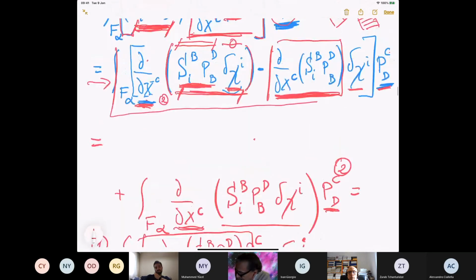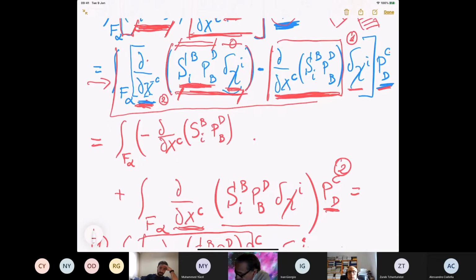And then I have this addend 1 here, which is the integral over the face F alpha of minus d over dX_C of S_BIP delta_ki P_CD, and this is the area.